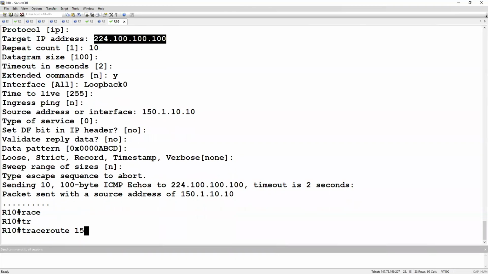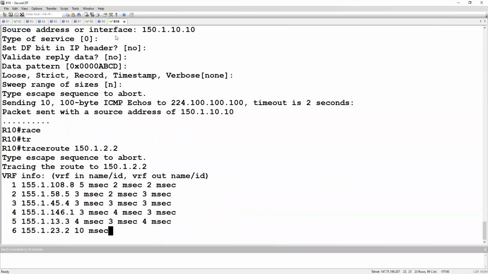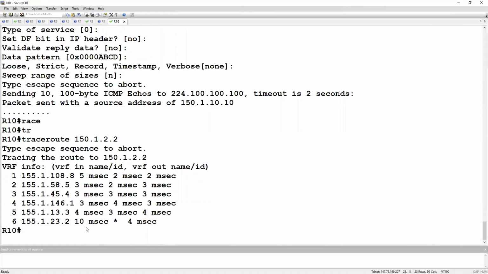So if we look at the traceroute from router 10, traceroute to 150.1.2.2, this is the path that the join message is going to follow in order to get to the destination, in order to get to the rendezvous point. So basically, every router along this path should be receiving a PIM join message that has the star, G entry telling us about the particular group that we're trying to receive.